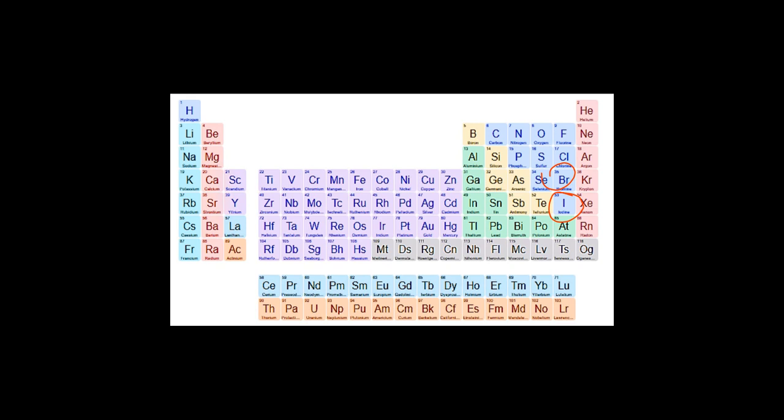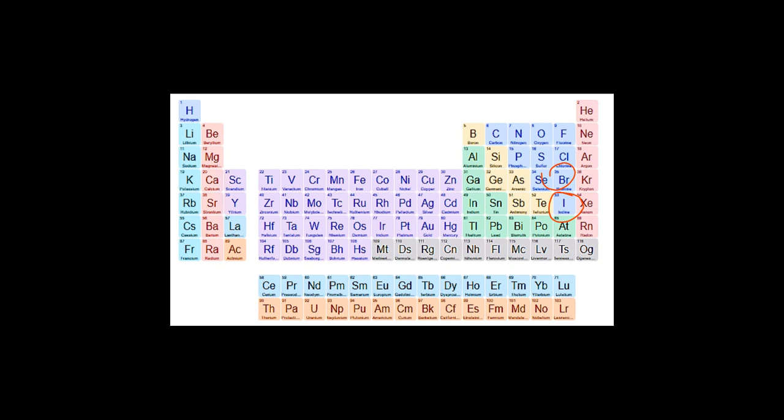So we know what the gases are, we know what the liquids are. What it means is that the rest of the elements are solid. In fact, the majority of the elements are solids. You need to remember that most of the elements are solids, and only a few of them are gases.